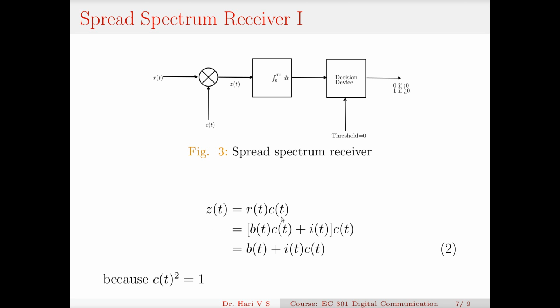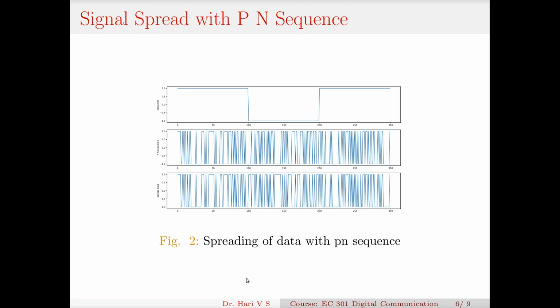z(t) is equal to r(t) into c(t). r(t) is nothing but b(t)c(t) plus i(t). This is multiplied by c(t). So the first term becomes b(t)c(t) times c(t). c(t) times c(t) is c squared of t, which is 1, because I told you my c(t) is either plus 1 or minus 1. If you take the square of this scrambling signal, the PN sequence, it is always 1.